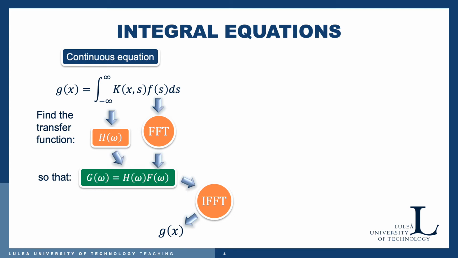So without knowing g(x) in advance, but only the kernel and the function, and also the transfer function H(omega), we could just perform plain multiplication H(omega) F(omega) and then take the IFFT to get g(x).